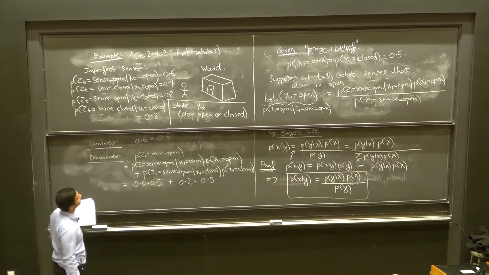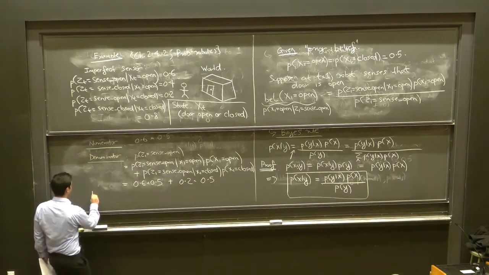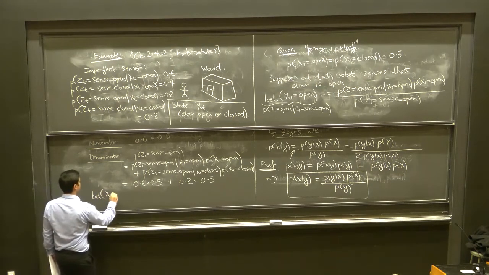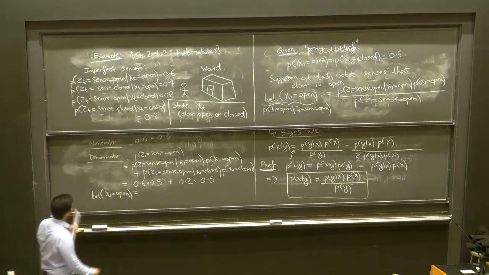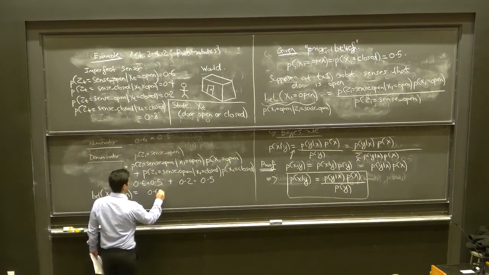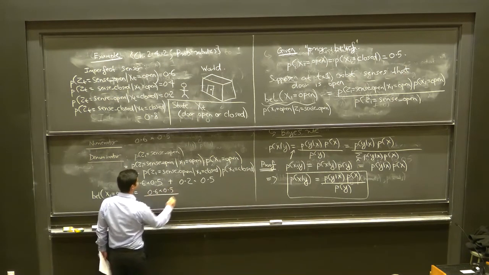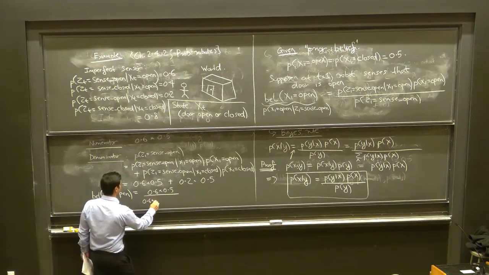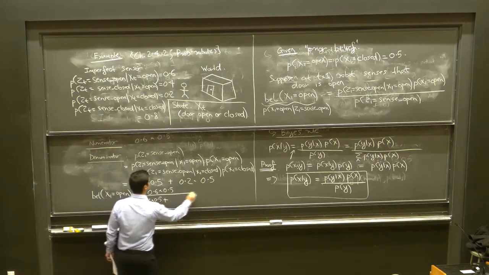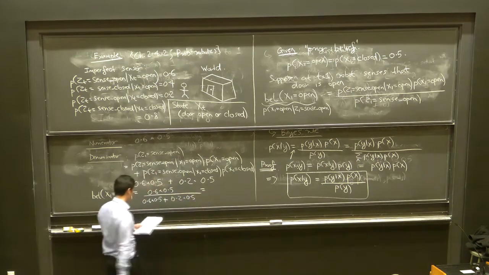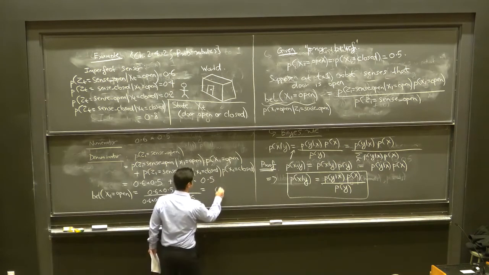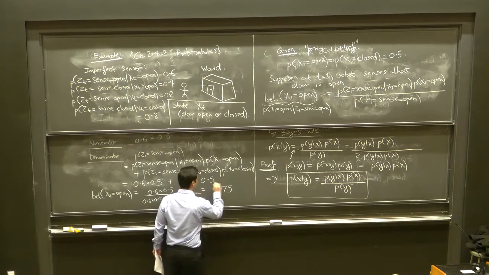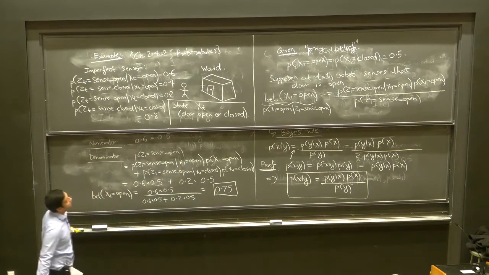So the updated belief that the door is open is just the ratio of these: 0.6 times 0.5 divided by 0.6 times 0.5 plus 0.2 times 0.5, which is, what is it, 0.75. Which intuitively makes sense, right?